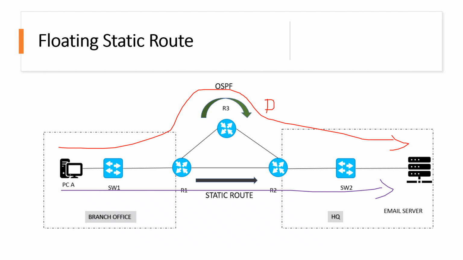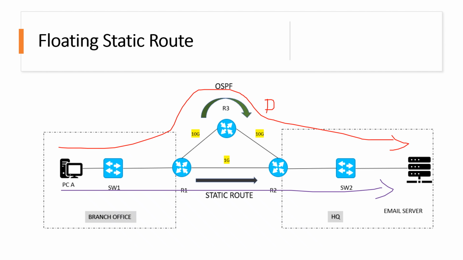The red one is the private link with better bandwidth, 10G, using a dynamic routing protocol, OSPF, and the secondary path has lesser bandwidth, 1G, but by default it will prefer this 1G link because it is using a static route and its AD is less. By default, static routes have an administrative distance of 1, making them preferable to routes learned from a dynamic routing protocol. But this is not what we want.